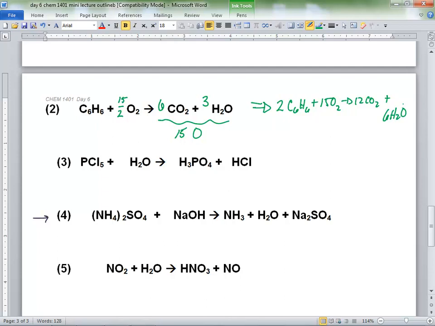Okay? So here's an eraser. Okay, give yourself some space here. Now, it's PCl5 plus H2O gives H3PO4 plus HCl. Blank, blank, blank, blank, right? So see how the H's are in multiple places, so leave them last.